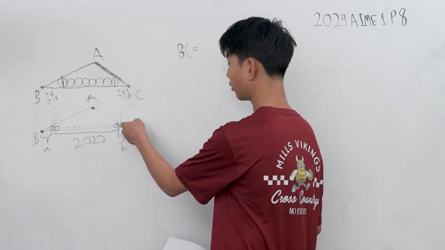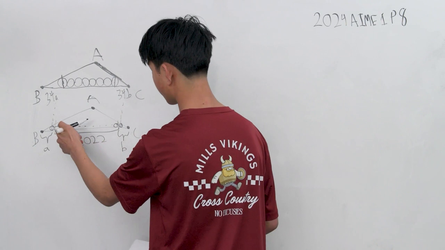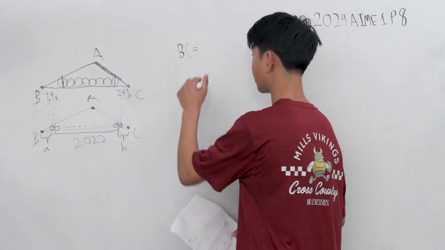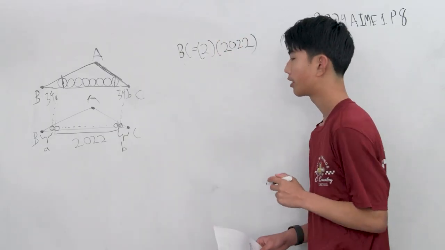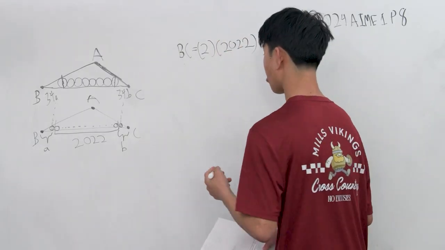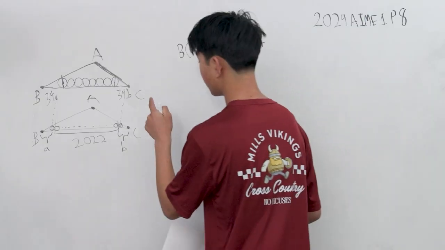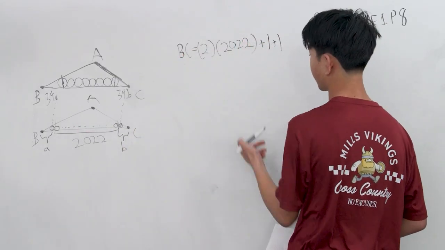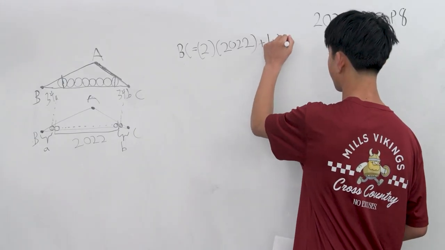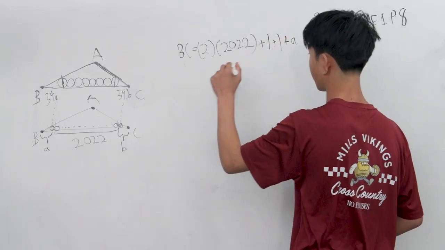But then you're excluding the halves of the circles that were cut in half. So you do 2 times 22, because the diameter of each circle is 2. And then you have to add these halves from the cut-in-half circles, and then you have to add the values A and B.